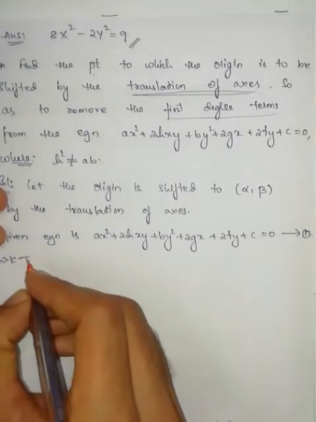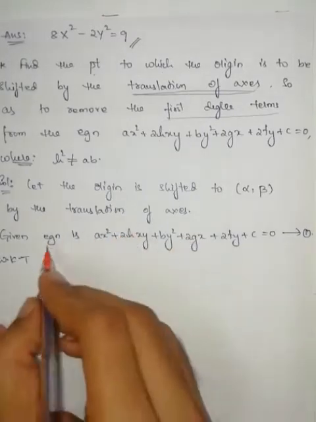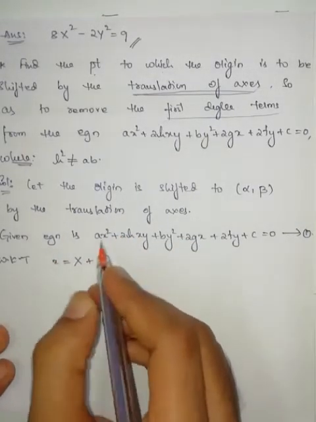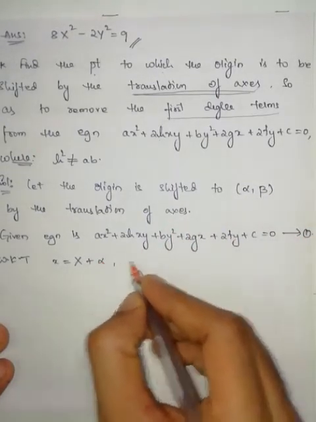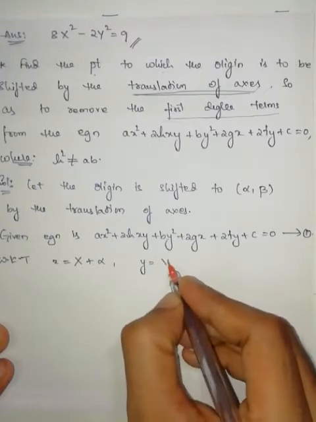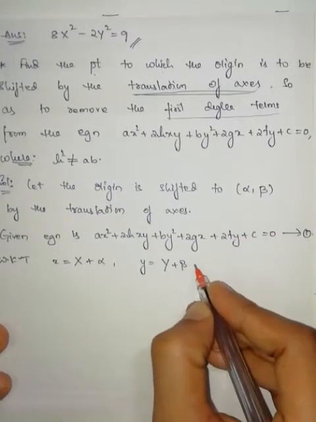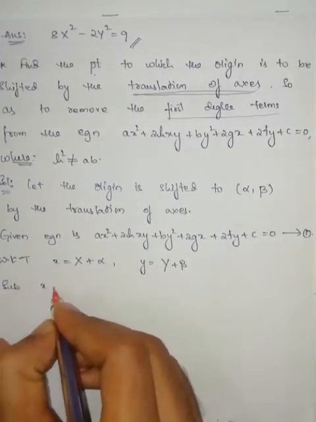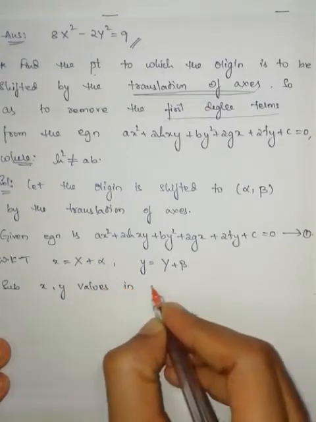We know the translation of axis formula, small x is equal to capital X plus h. Here in place of h I took alpha comma beta. Small x is capital X plus alpha, small y is equal to capital Y plus k, that is beta. Substitute small x comma small y values in equation number 1.